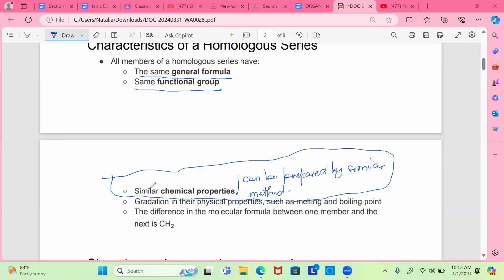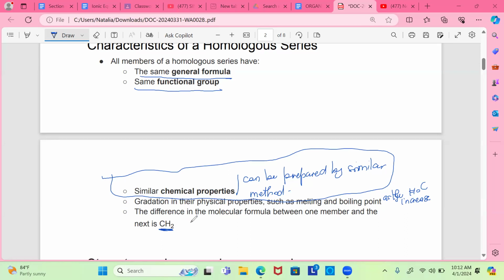There is a graduation of their physical properties such as melting point and boiling point as the number of carbon increases. That's another property. And the difference in molecular formula between one member and the next is CH2.